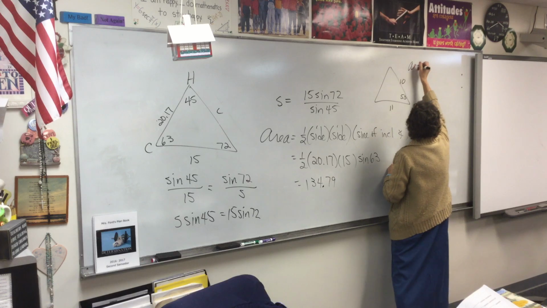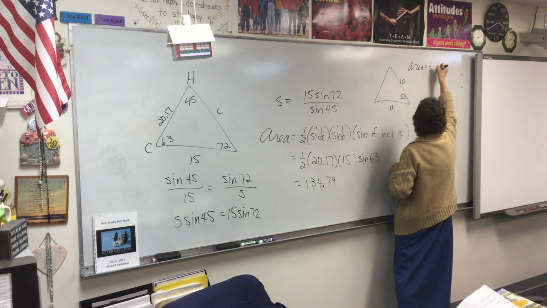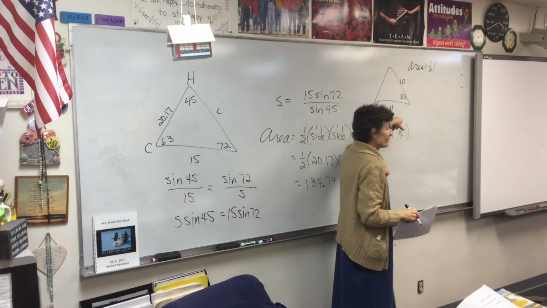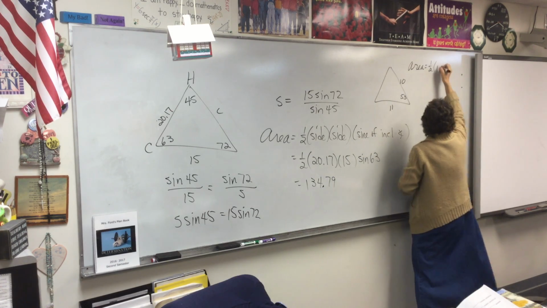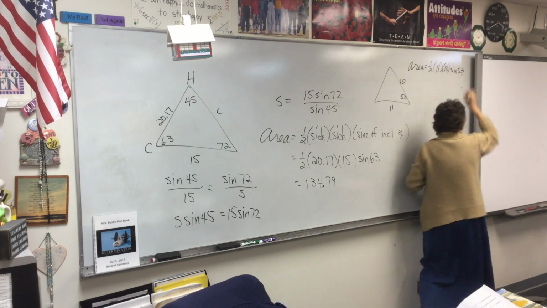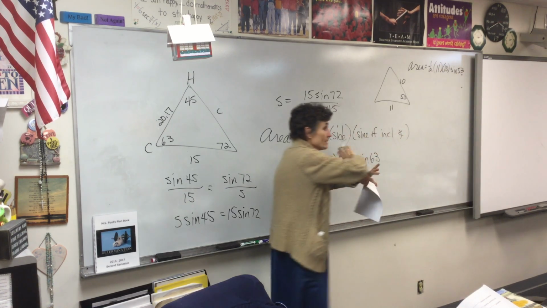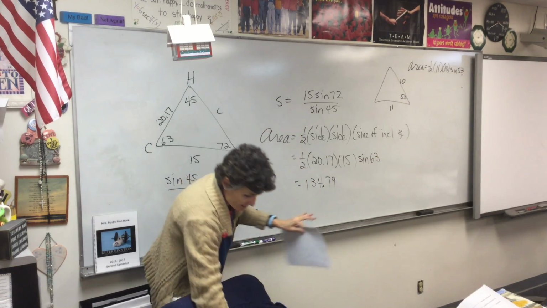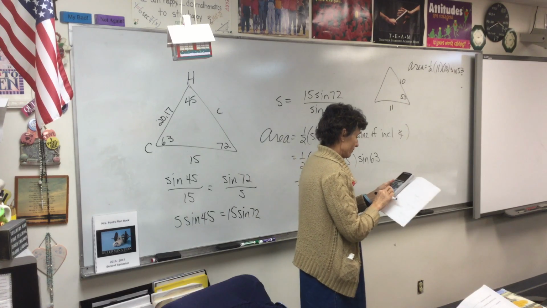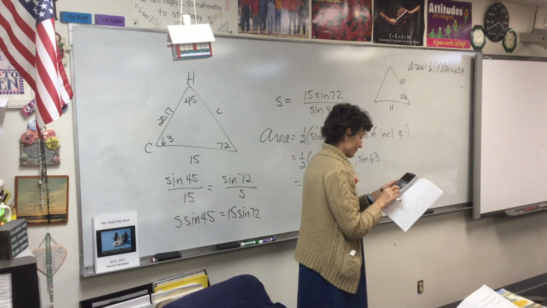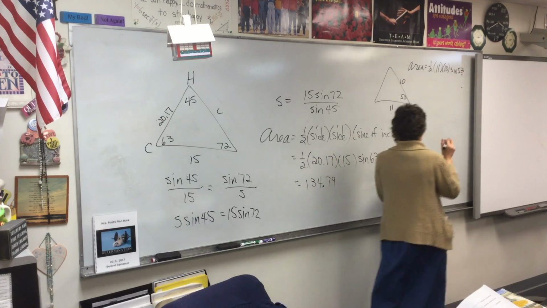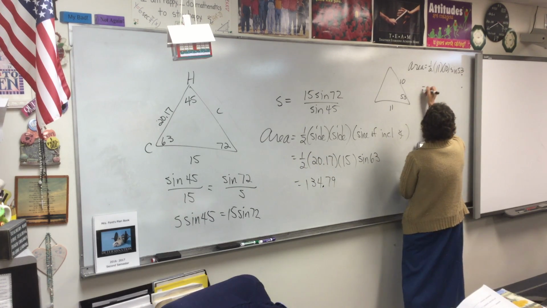So the area is 1/2 times 11 times 10 times sine 53. No work, no anything, just type it in and you have your answer. That's what we love. 43.92.